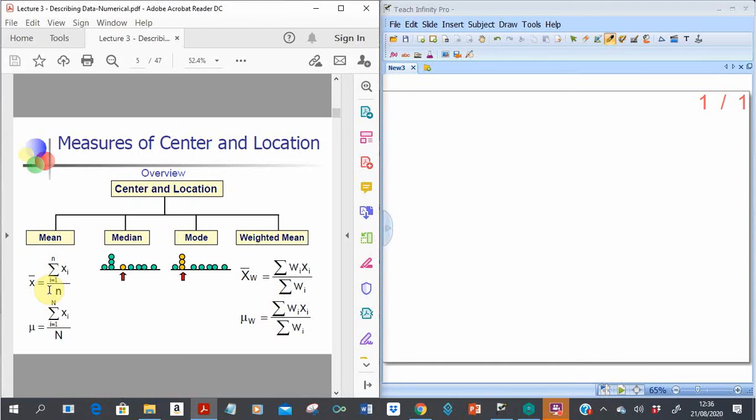So we have the sample mean, which is given by x bar, and the population mean. This symbol that you see there is a Greek letter and it is pronounced as mu.